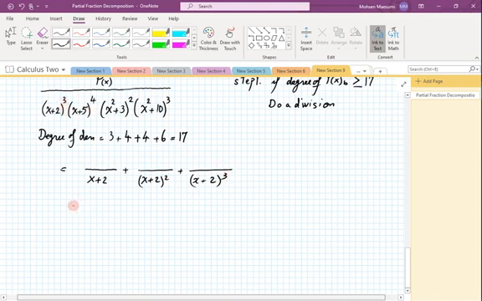Let me write that in a separate line so that things don't run into each other. (x plus 5) to the power of 4. So either you had x plus 5, or (x plus 5) squared, or (x plus 5) cubed, and then (x plus 5) to the power of 4. Any of these things could have been there, resulting in this kind of common denominator.